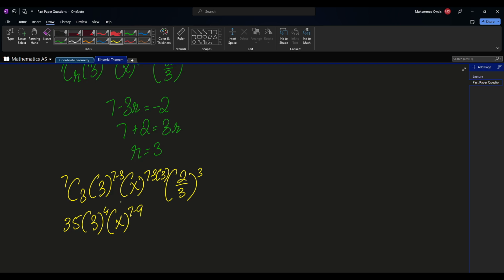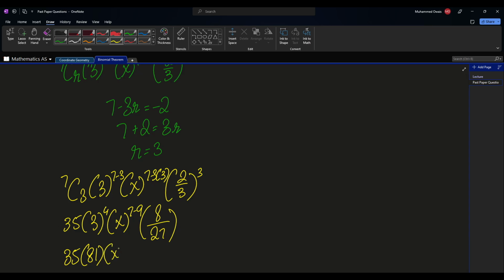All right, now we have 2 over 3, so this becomes 8 over, okay, so 3 power 3 is 27. So this is that. All right, now then 35 into 3 power 4. So 3 power 4 is 81 into x.